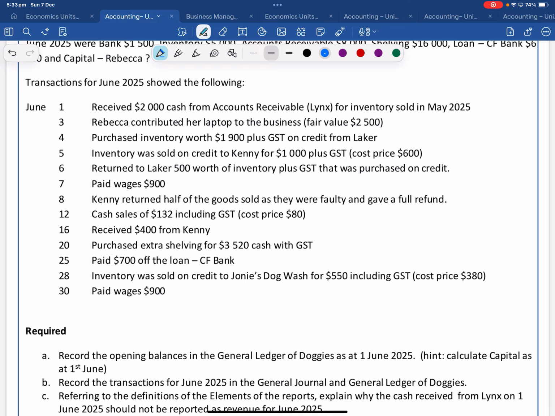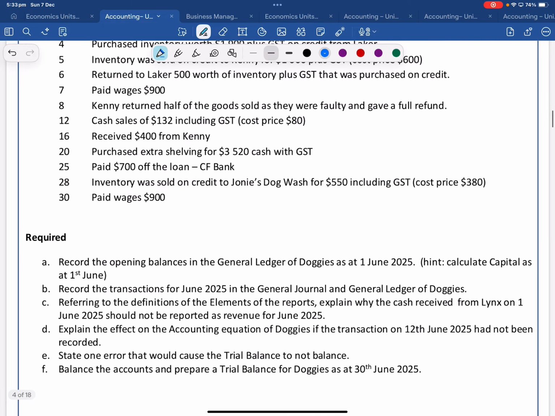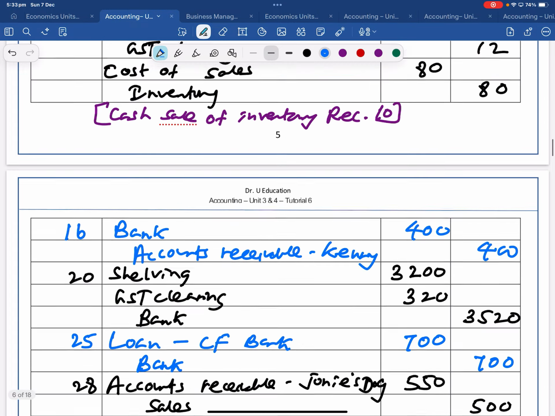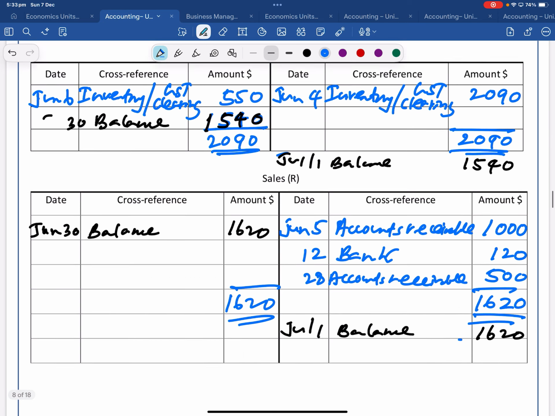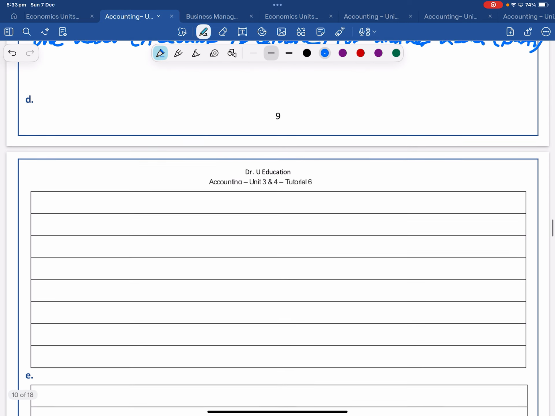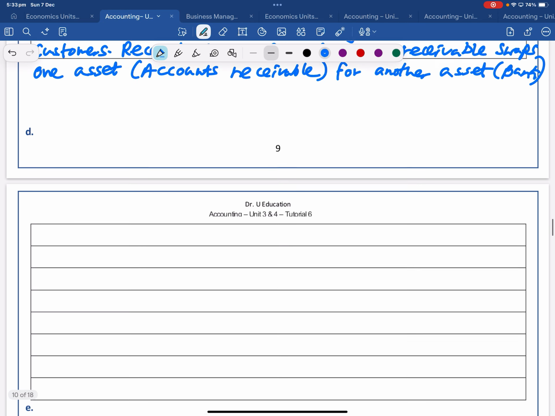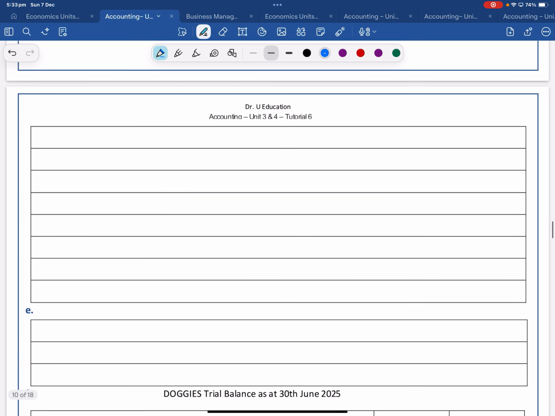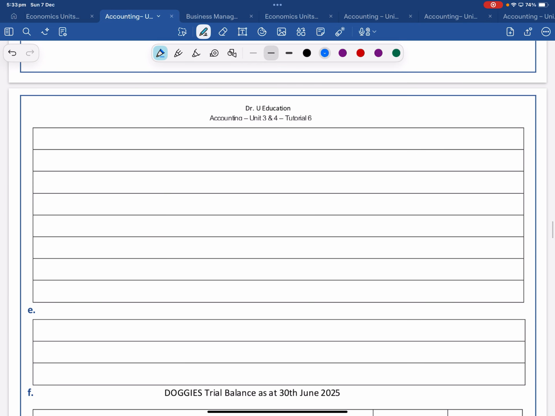If it was not recorded, we have to explain it. How many marks would you get for this one? 3 marks, for correct identification of accounting elements.